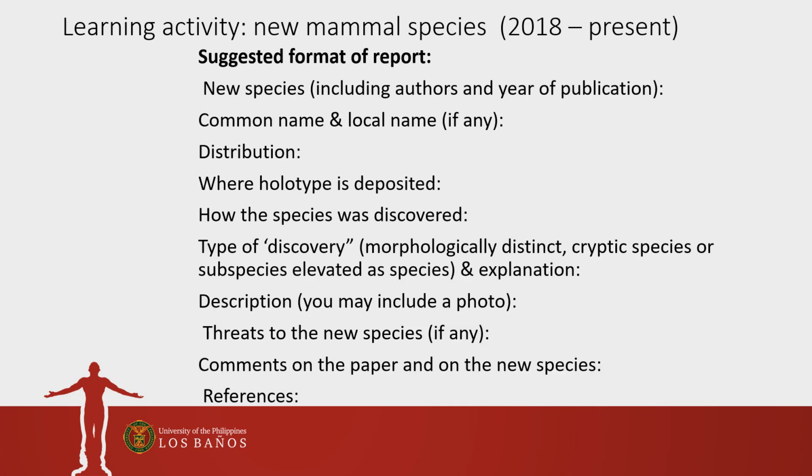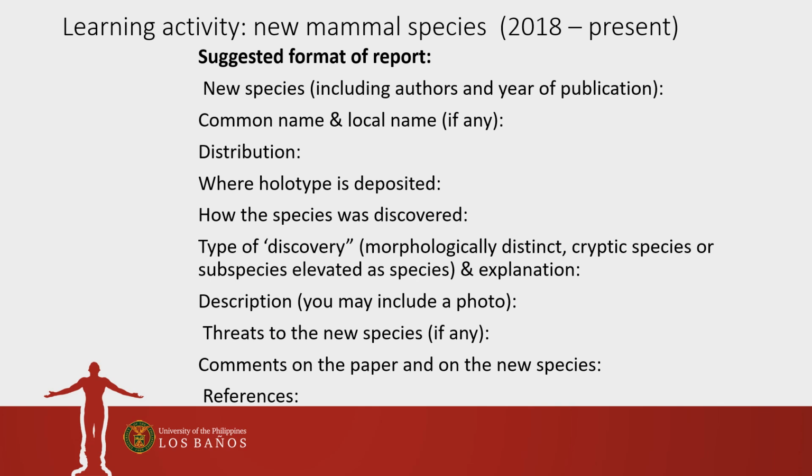For your learning activity, you are going to search for a new mammal species that was described from 2018 to the present. So you will submit a 1-page report in doc format, Microsoft Doc format, okay, not PDF. And this is the suggested format of your report.